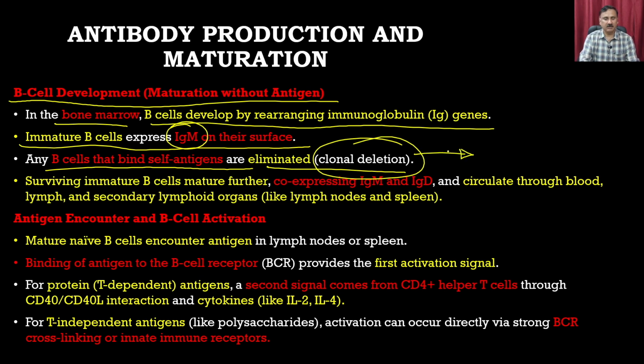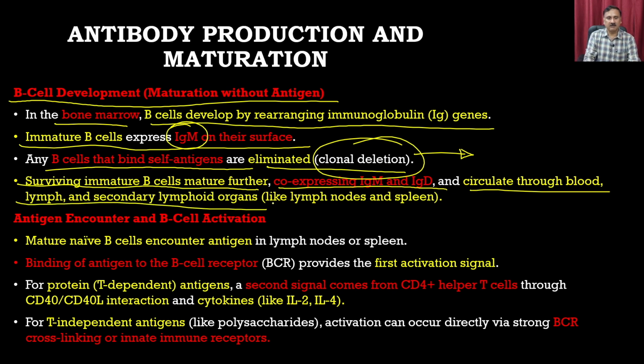Remember that you don't want our immune system to work against the antigens present in our body. That is very important, because if you don't destroy those cells, they will act against our own cells, and that's how they become responsible for different types of autoimmune diseases. The surviving immature B cells further co-express IgM and IgD and circulate through blood, lymph and secondary lymphoid organs like the lymph nodes and spleen.